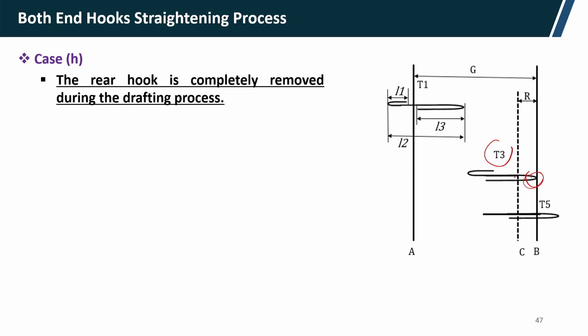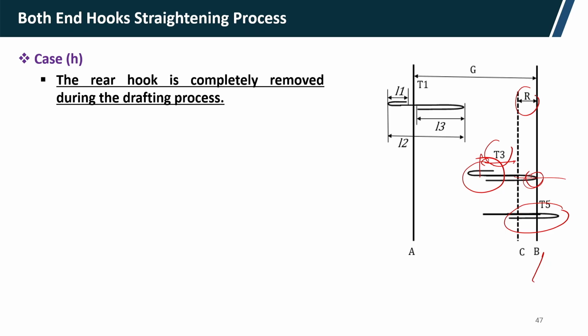So the total fibers will be pulled along with the leading hook and will move at the front roller speed, but the midpoint of the trailing hook is far away from the accelerating point.